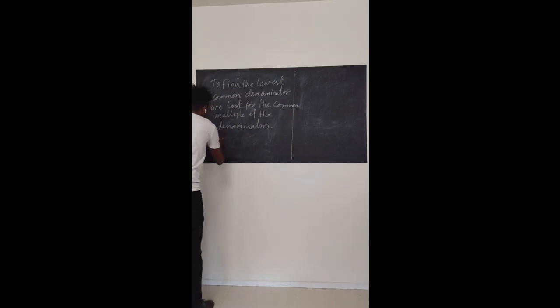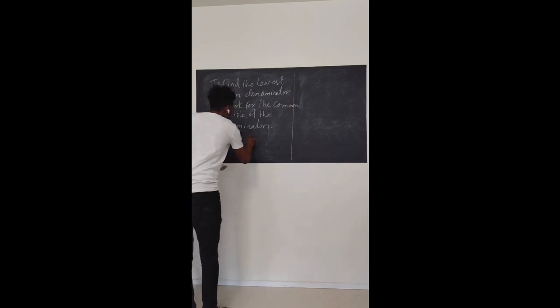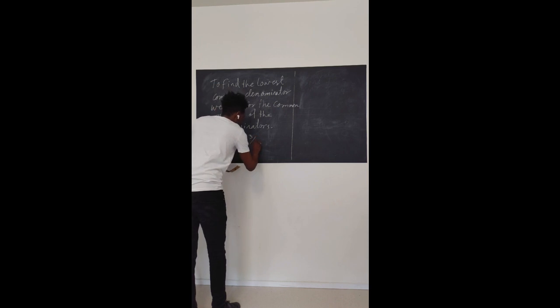Example, we have 3 over 2 plus 5 over 3.